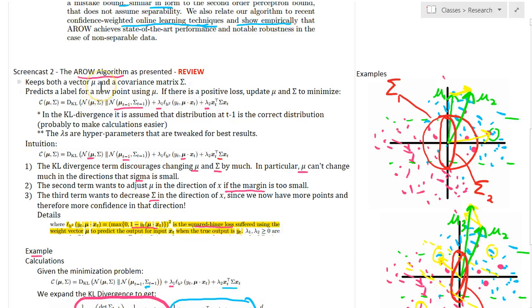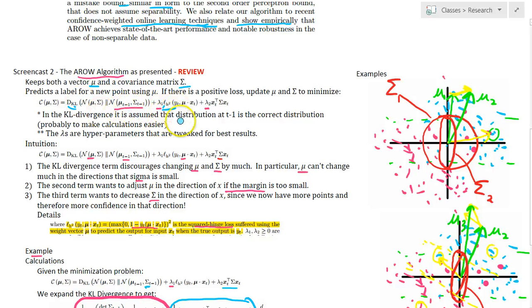All right. So it's got a mu vector, just like the perceptron. It's also got a covariance matrix sigma, which is used to control how large our updates are. And we try and minimize this thing, which has a KL divergence term so that we don't make changes that are too big.